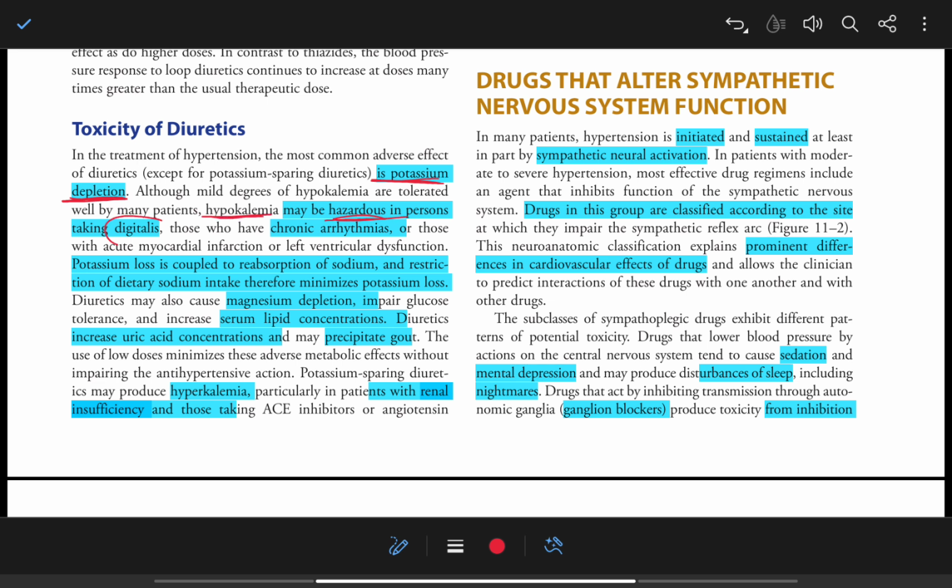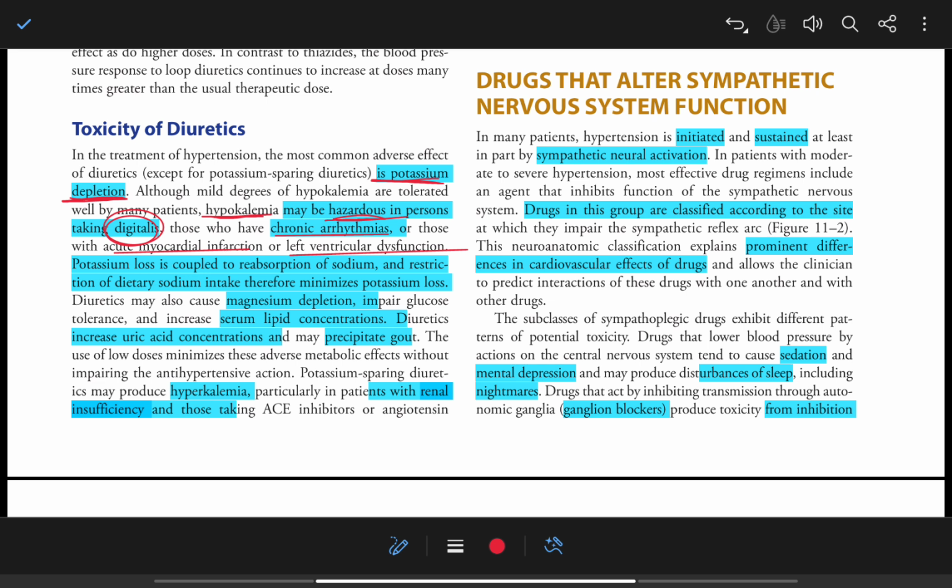In patients already on digitalis, because digitalis toxicity is increased in hypokalemia, or in those that have chronic arrhythmias, or those with acute myocardial infarction or left ventricular dysfunction. So if you see a patient that is already a cardiac patient, any change in their potassium level will be disastrous for that patient. So you should mind the drug you are giving to those patients, and you should be able to monitor their potassium level for them. Okay.